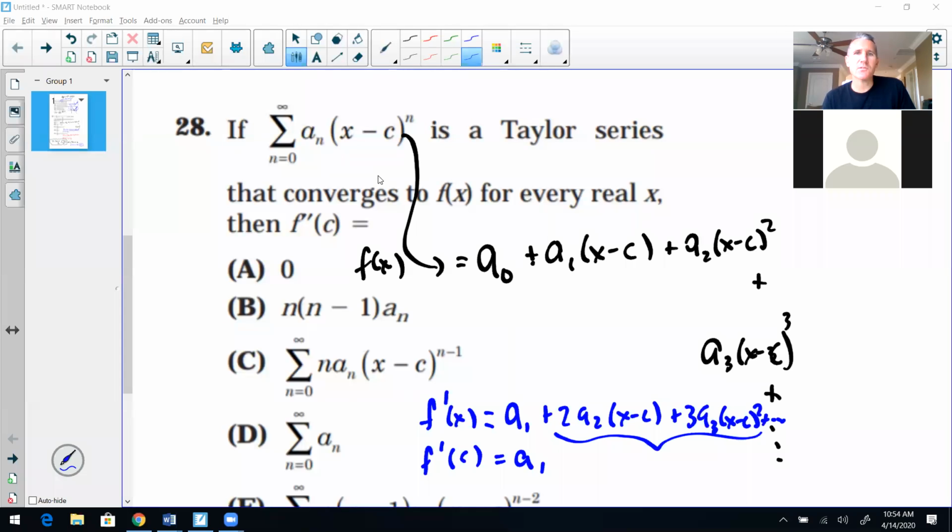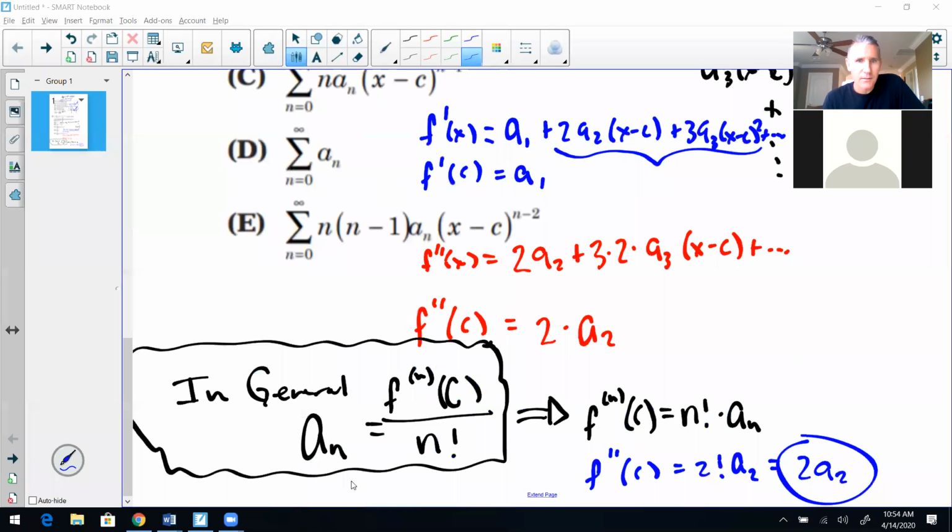So the thing is this, right? For Taylor series, we have that the nth coefficient is always the nth derivative of F evaluated at C over n factorial, right? There are constant terms there.